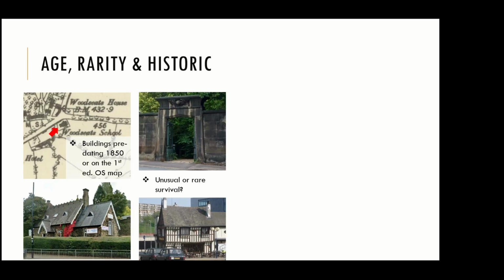Doesn't mean that later buildings can't be, though. If they're of merit, certainly where they relate to things like emerging municipal identities, local industries, and important developments in communities. Then obviously rarity, which can be unusual or rare survivals. This is a bit unfair, these examples, because both of these are nationally listed, but they demonstrate what I'm talking about, things which are unusual in their design potentially, or rare in their survival.